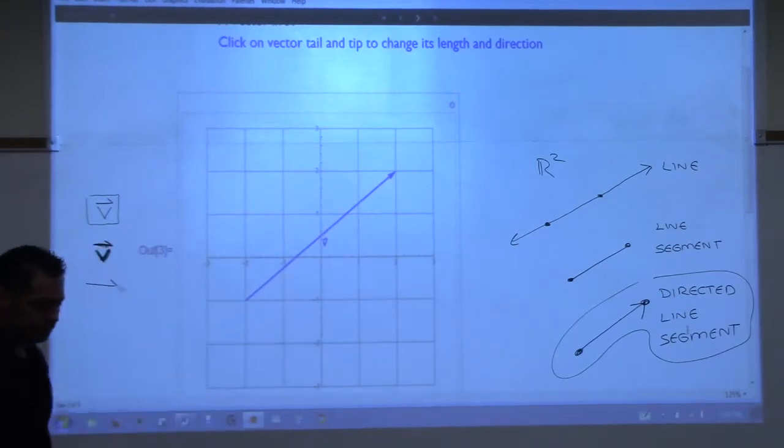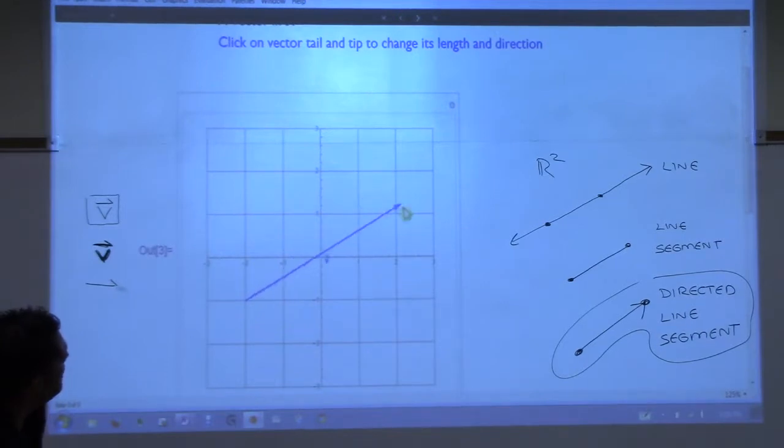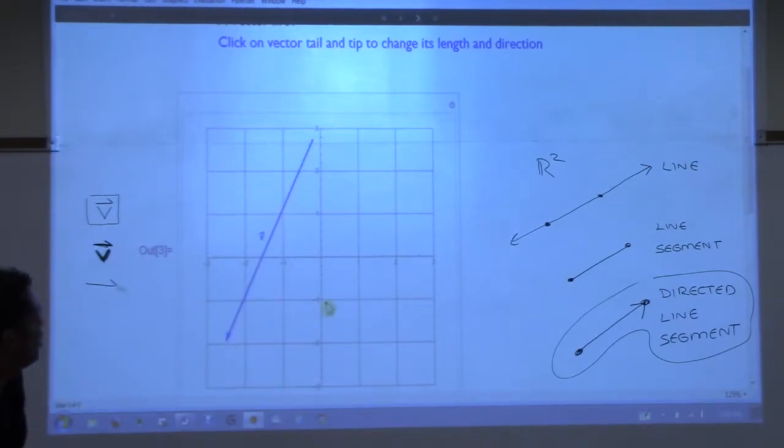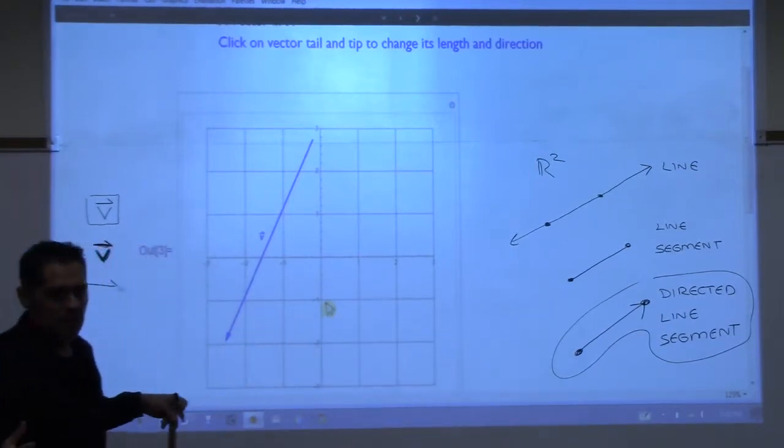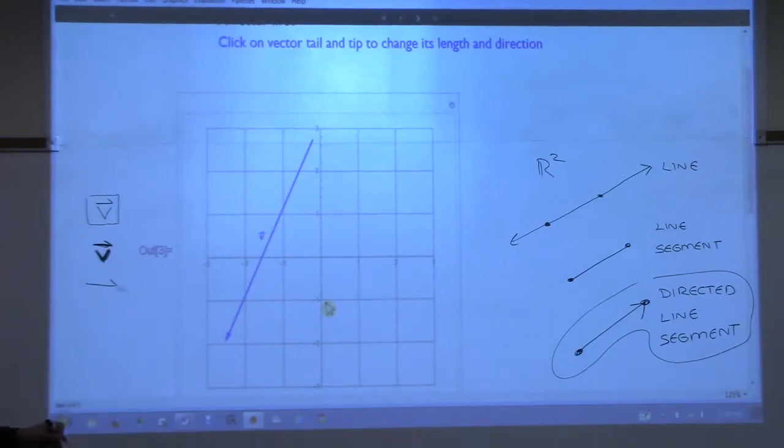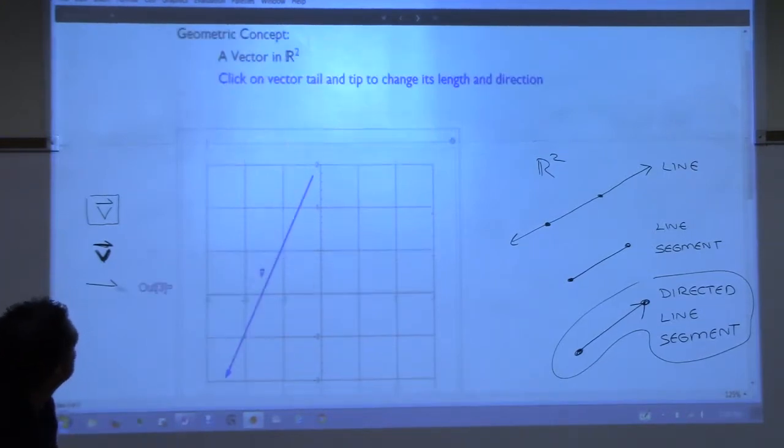Now, if I grab this vector and move it around, I can change its length and I can change its direction, and that's now a different vector. So all the different directed line segments that you can imagine are vectors.